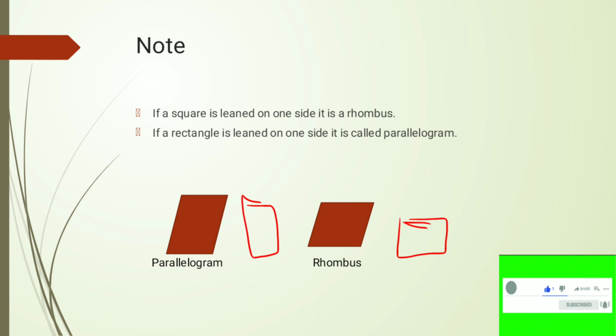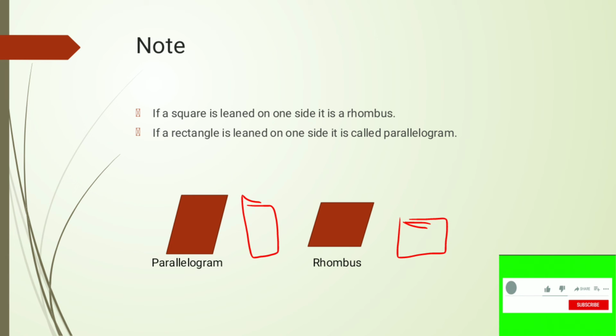They both look a little bit alike, but because this rectangle is leaned or tilted, it looks like a parallelogram, and the square becomes a rhombus. If you have written it, can we move to the next shape?